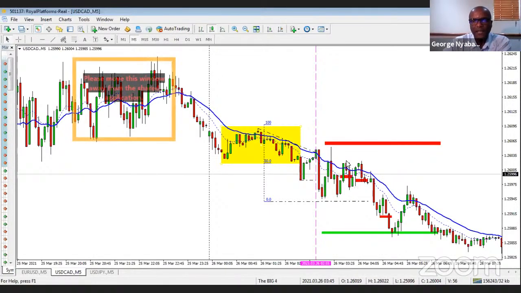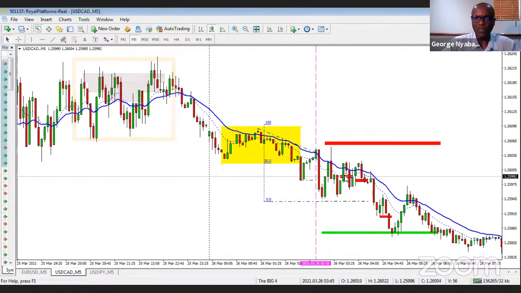In any case, there was my double bottom, there was a lower high. Then immediately the bears reversed the market and created a double top, with the double top that I traded. Now that for me is a very strong signal that confirms that the first trade was a high probability trade.